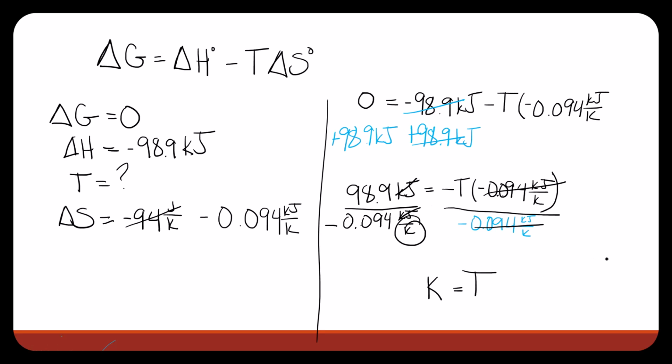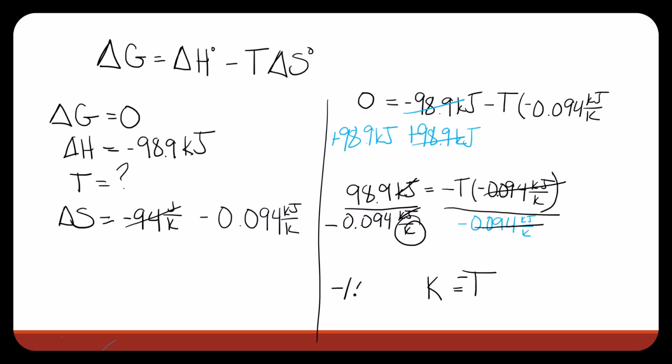Now I'm going to plug those values into my calculator. So 98.9 divided by negative 0.094, and I get a big value.